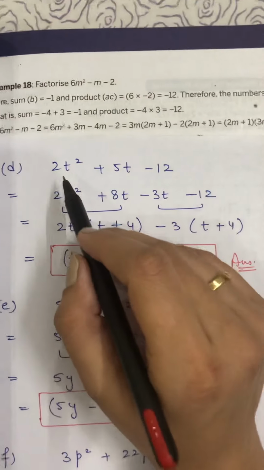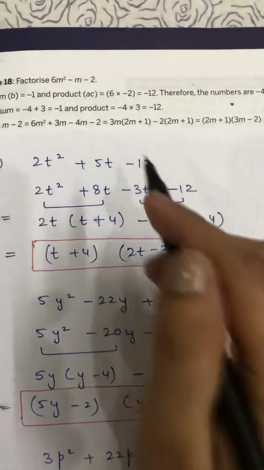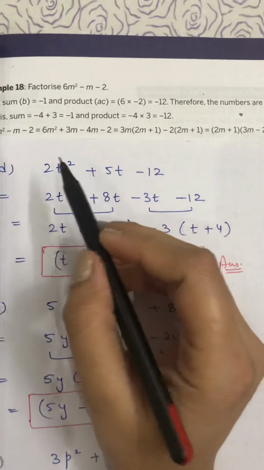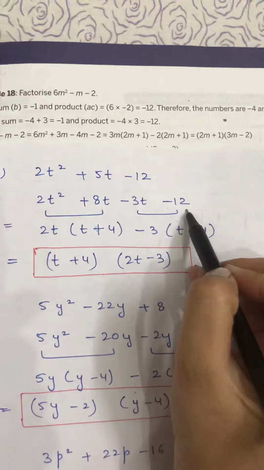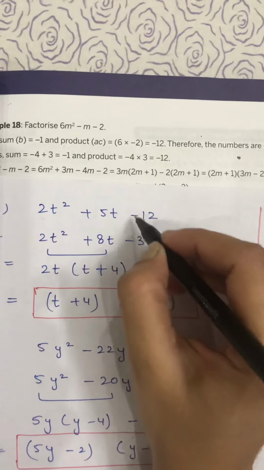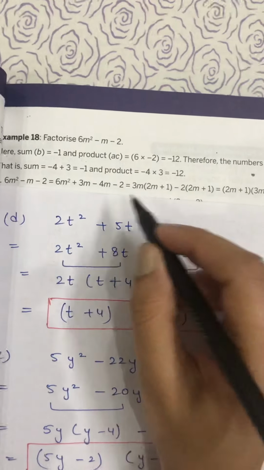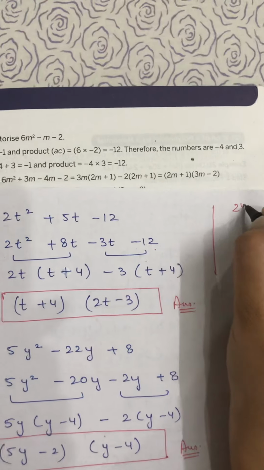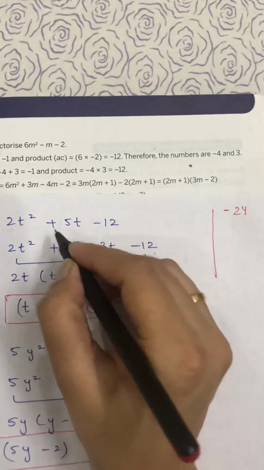Now this is the statement 2t square plus 5t minus 12. So now what you have to do, write 2t square as it is and minus 12 as it is. Now make factors, but you have to multiply this term and this term. 12 2s are 24 and this is minus, so minus 24. The middle term is 5t.